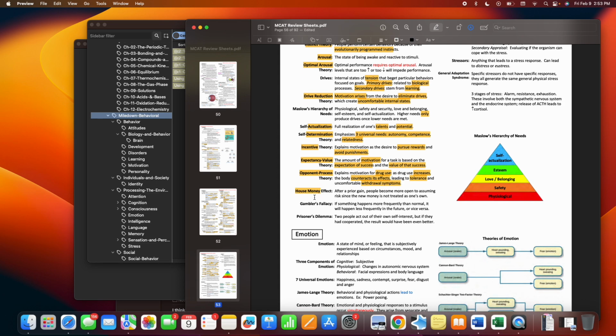This is tricky. Is it related to house and money? Is it related to casinos? After a prior gain, people become more open to assuming risk since the new money is not treated as one's own. So, prior gain, more open to risk.